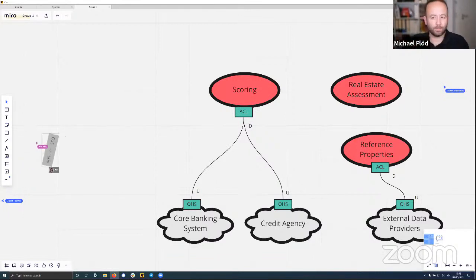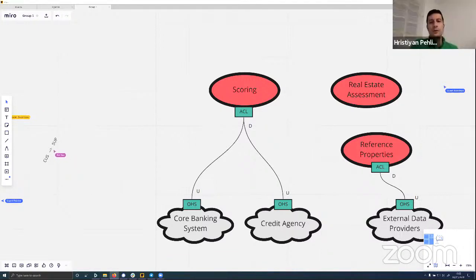With the conformist, you see a propagation. With the anti-corruption layer, you see a break in the propagation through the translation. Customer supplier, on the other hand, is something that I categorize as organizational, basically a governance pattern.